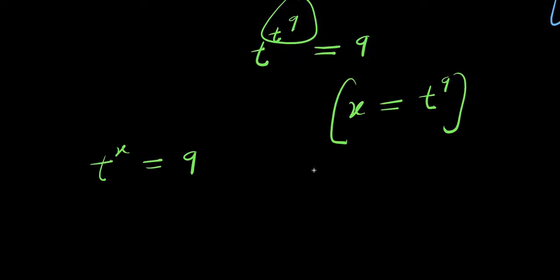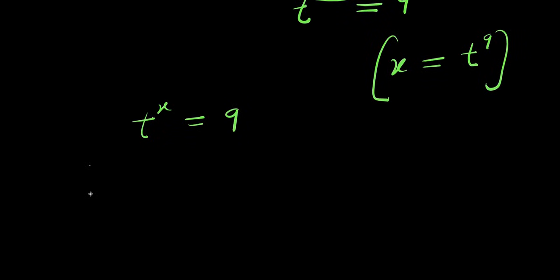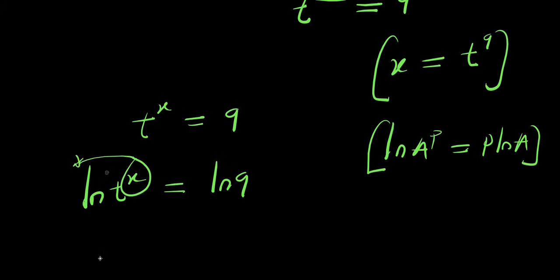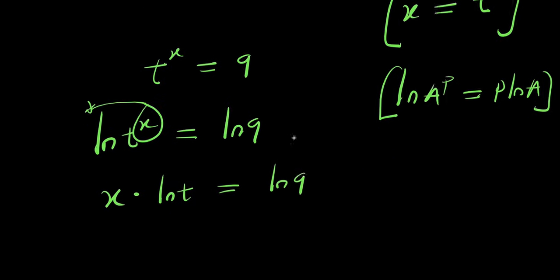I can then apply natural log. I have ln(t^x) = ln(9). If you have natural log of a^b, this equals b times natural log of a. So the x here will come in front. I have x ln(t) = ln(9).